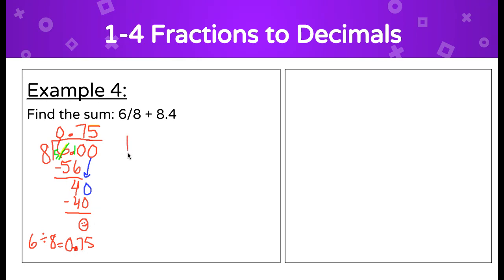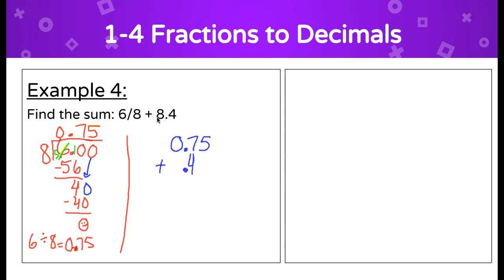Okay, now we have to actually go through and solve the expression that is being given to us, okay? So to solve it, we're going to have to add, so the first one was 0.75, and we're gonna add 8.4. So you can write the decimal. The 4 is to the right, so I keep it to the right.